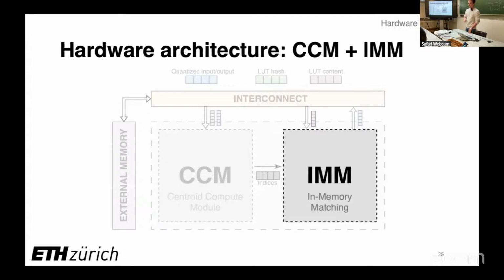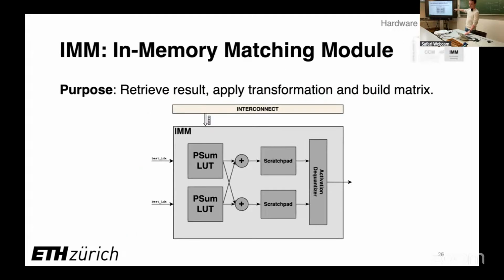Okay, now for the second half of the hardware, this is simpler. The IMM, in-memory matching, responsible for getting the data and building the final matrix. So it gets, as you can see with the FIFO there, the indices from the CCM. This is the hardware. It has, in parallel, a number of partial sum lookup tables, which it fetches from main memory, indexes into them at the correct location.